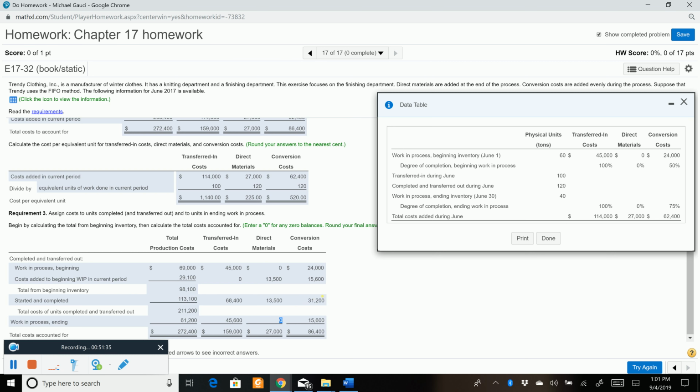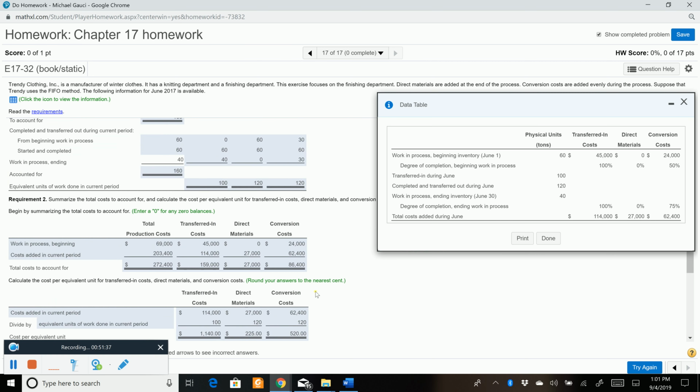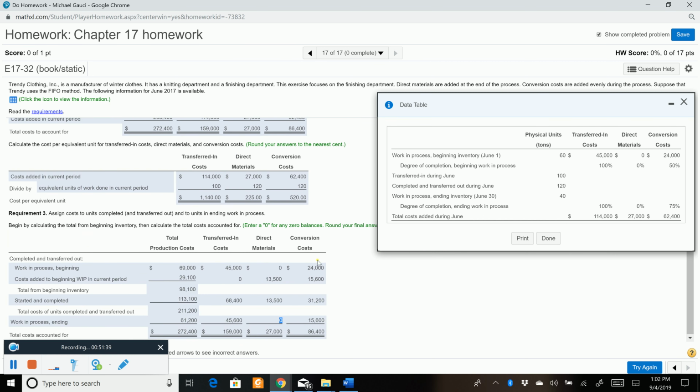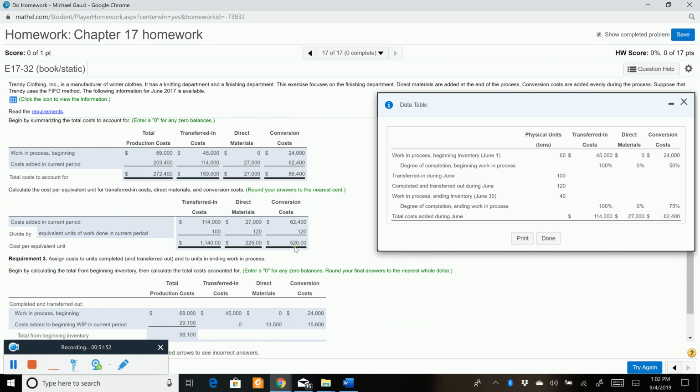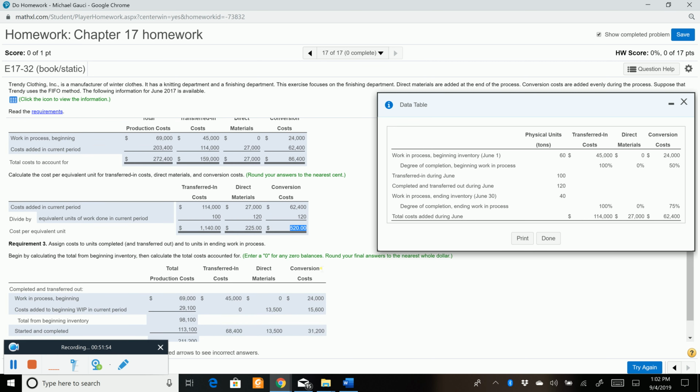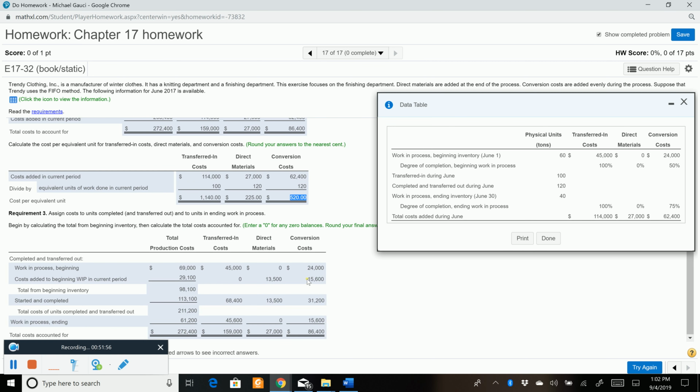And last but not least, the conversion costs. From the beginning WIP, it was $24,000. That moves on. Now, how about costs added to the beginning WIP during the period? What is the equivalent units from that? 30 times 520, which is the cost per equivalent unit. That'll give you 15,600.